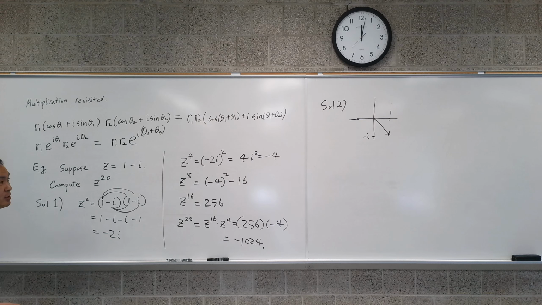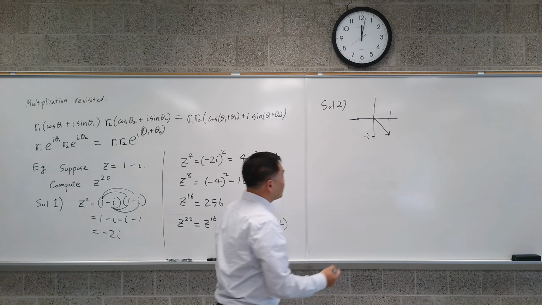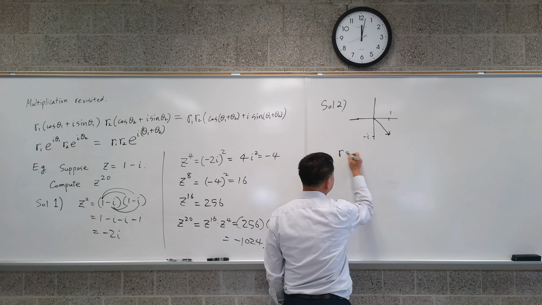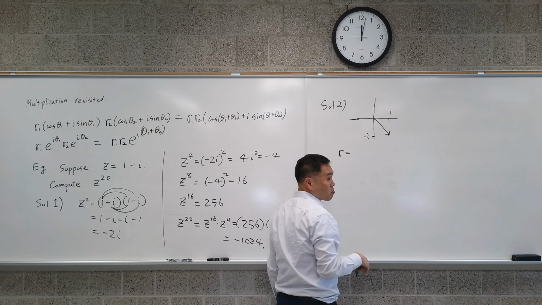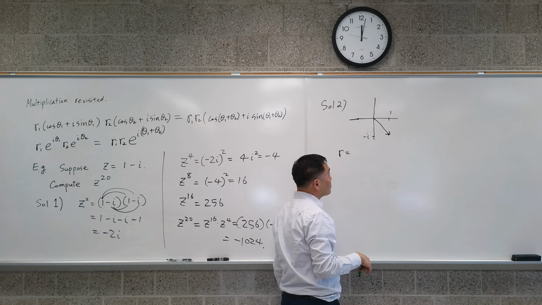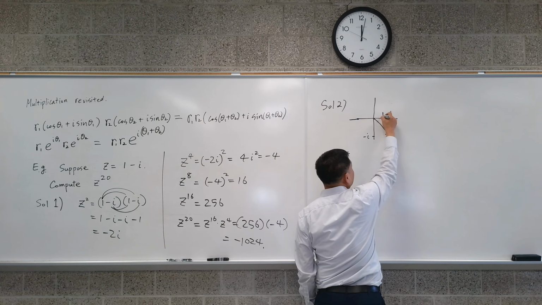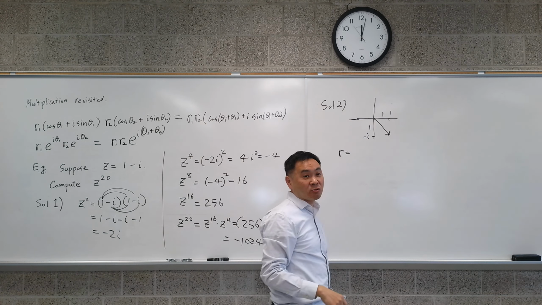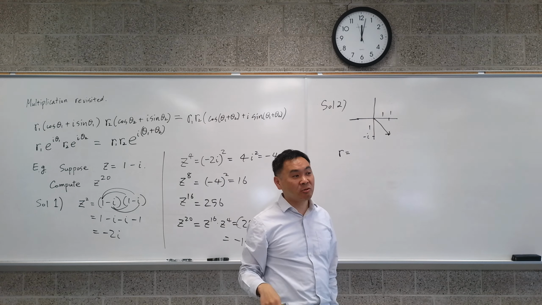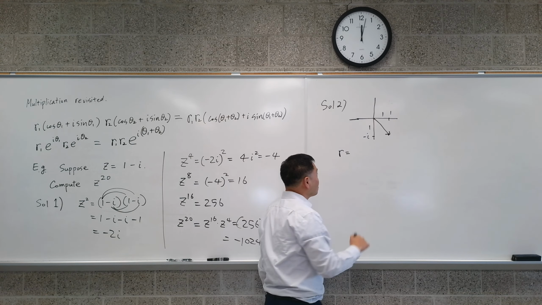Give me the r and the angle theta. What's r? This is 1 and that's 1, so by Pythagorean, square root of 1 squared plus 1 squared, that's square root of 2.